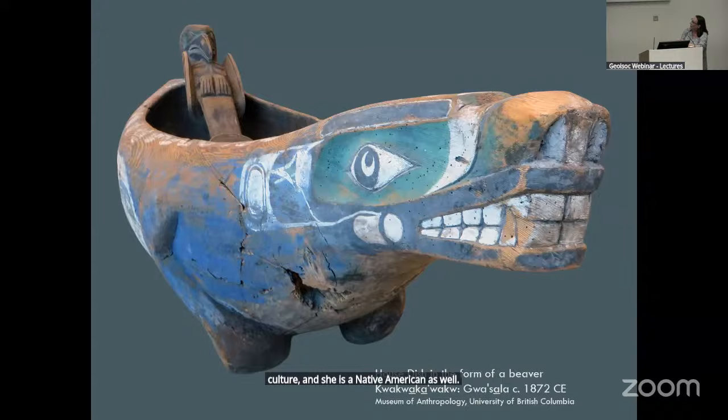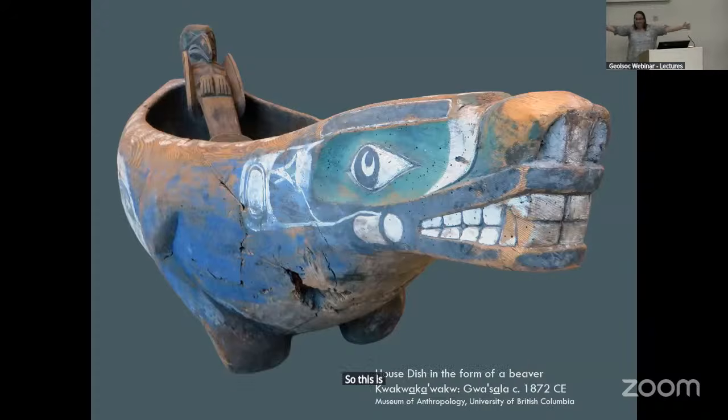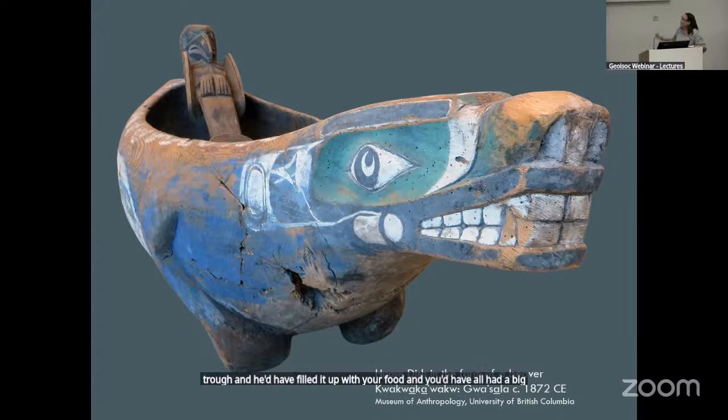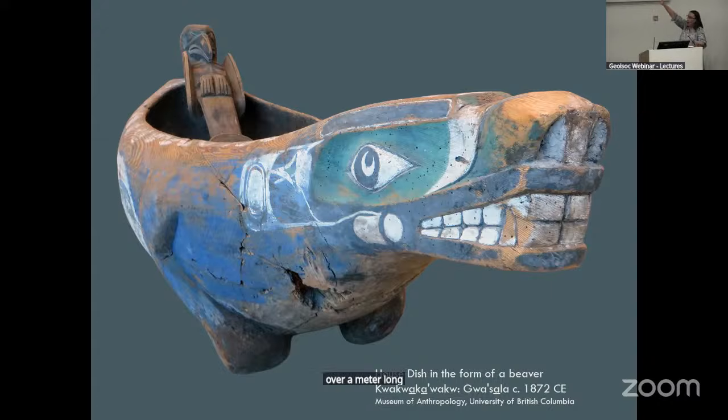This is a so-called house dish. This is about the size of a canoe. So this is like a big trough, and you'd have filled it up with your food, and you'd have all had a big feast. So when it says house dish, I bet you can think it's about this big. It's not. It's over a metre long, and it's painted in blue and green vivianite.